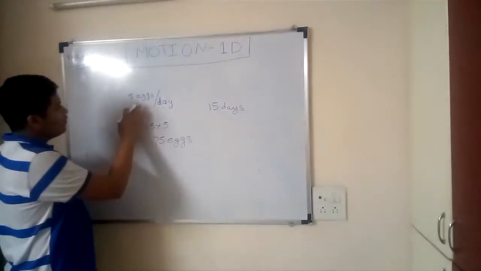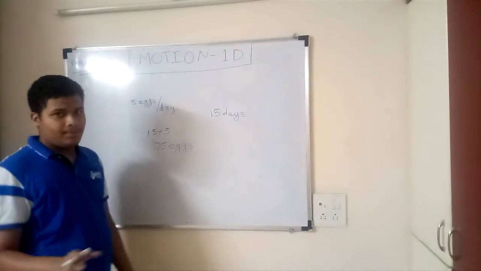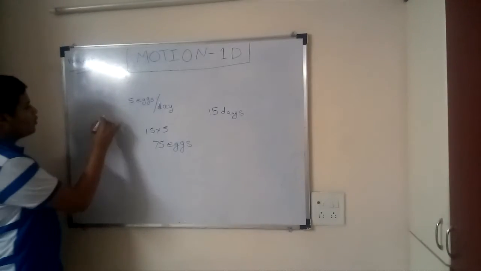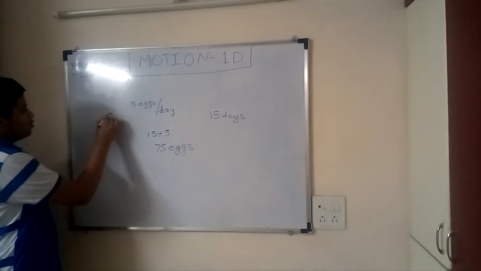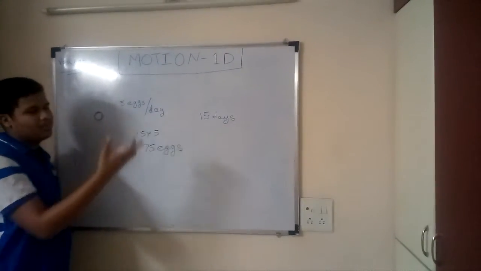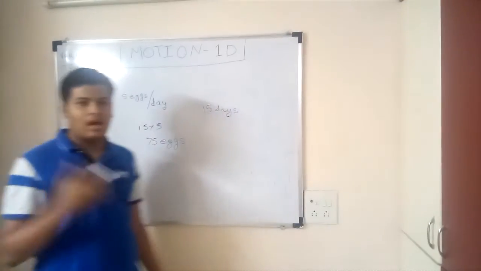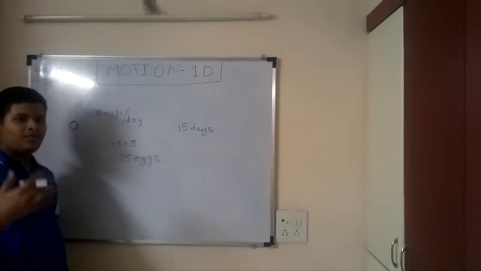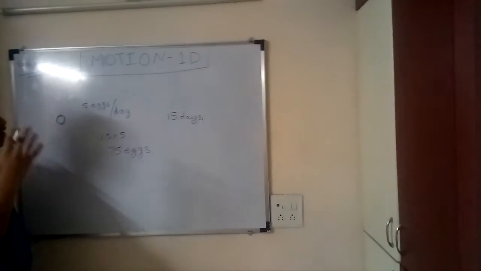Now these 5 eggs per day is your acceleration. Initially you had 0 eggs, and you are accelerating the eggs at 5 eggs per day. That means 5 eggs are added each day: first day 5, then 10, 15, and so on till the 15th day.